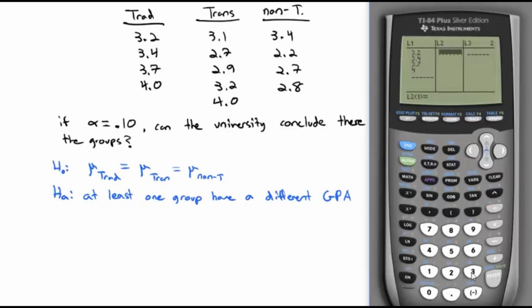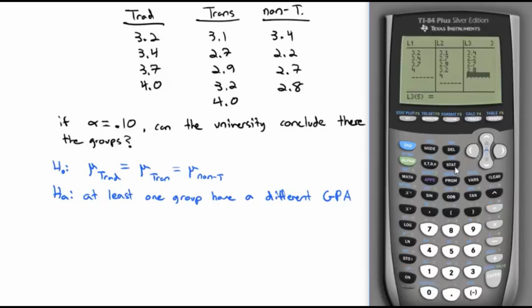List 2 is my second group, 3.1, 2.7, 2.9, 3.2, and 4.0. The non-traditional group, 3.4, 2.2, 2.7, and 2.8.